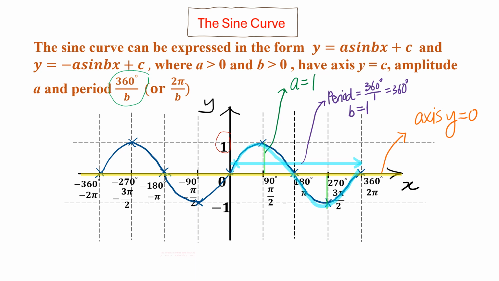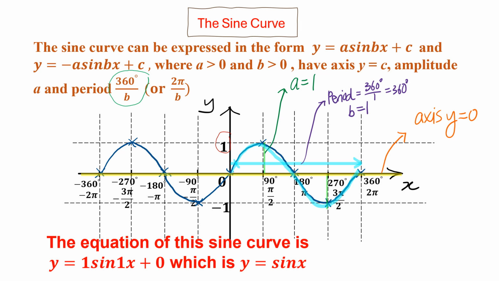Putting all this into the formula, I substitute my a to be 1, the b to be 1, and c equal to 0. Therefore, I end up getting this curve y equals sine x, which is the basic shape, the first curve that we learned before we learn all other variations.